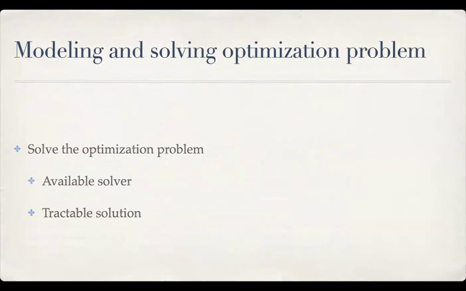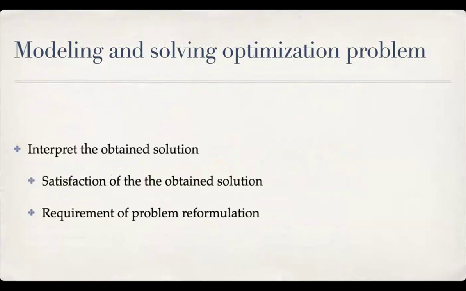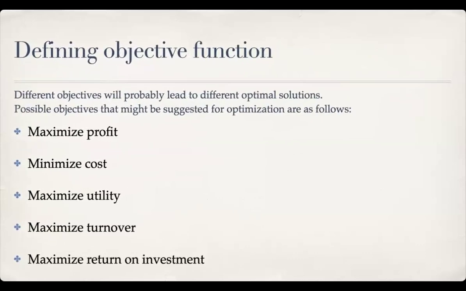What do we have? And the most convenient choice, most of the time, we use linear. And the objective function can be maximize profit, minimize cost, maximize utility, maximize turnover, and so on.